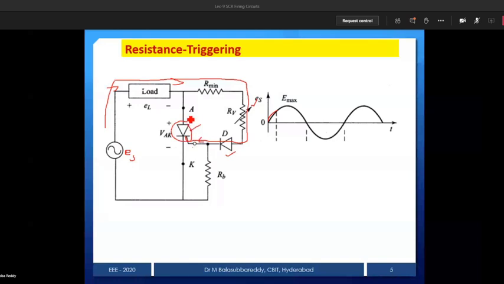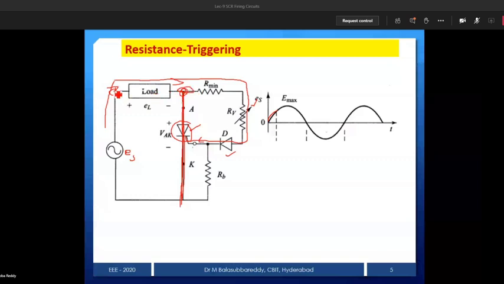If the thyristor is triggered, it means this device is conducting. That means the switch is closed. When the switch is closed, it is simply short circuited. When it is short circuited, what is the output voltage here? Short circuit means the device is closed. So now the output voltage is at this point.